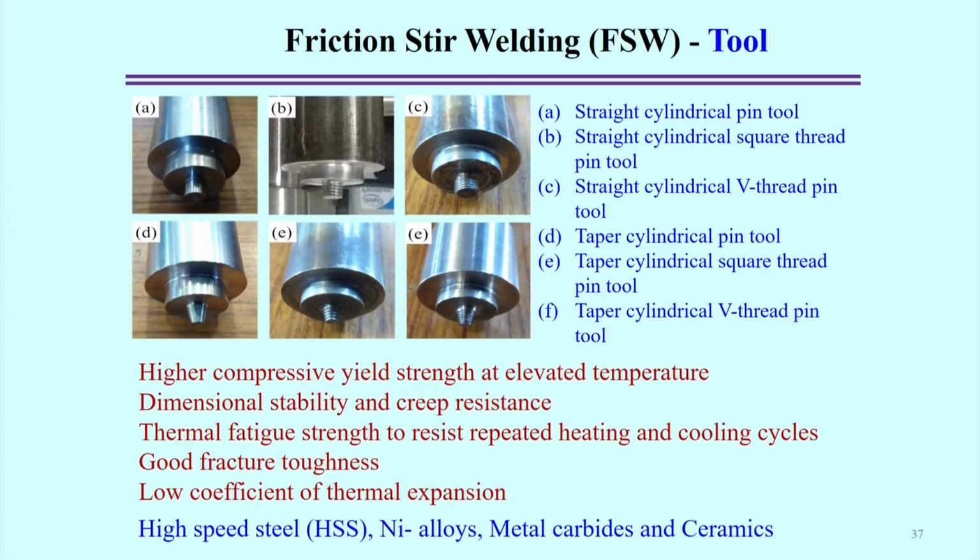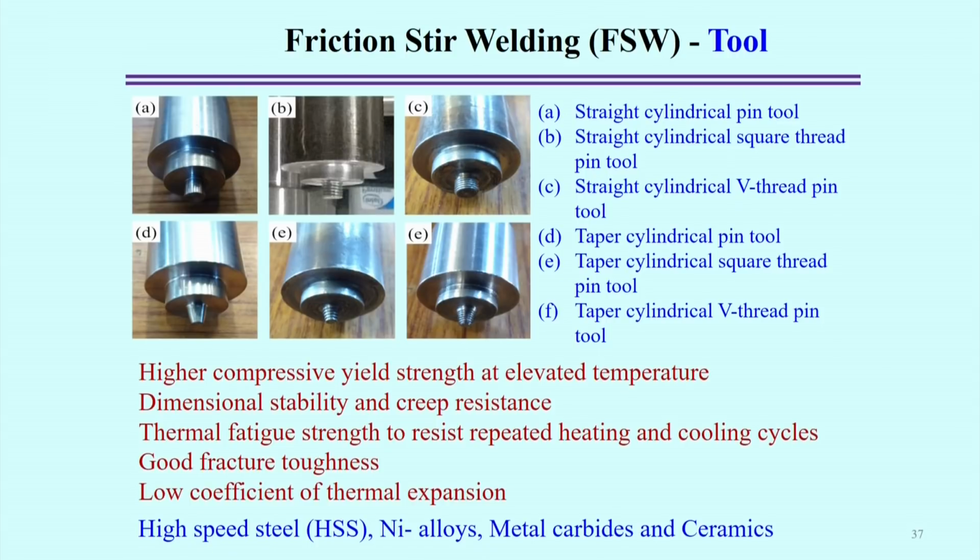Now, we have discussed the friction stir welding process, so let us look into the friction stir welding tool normally used. From the figure, you can see that different types of tools can be used during the processing. The first one is the straight cylindrical tool pin, where the pin extends from the tool shoulder surface.